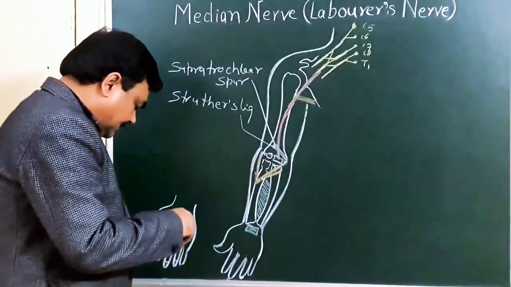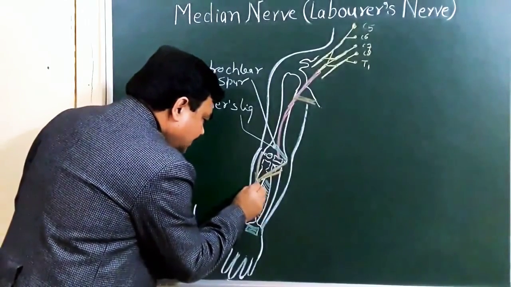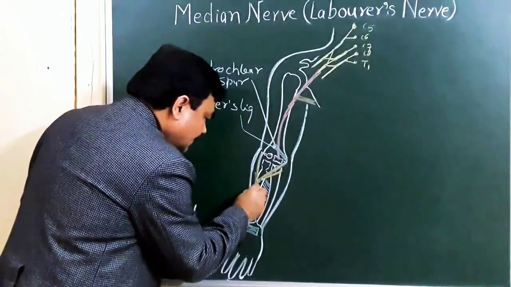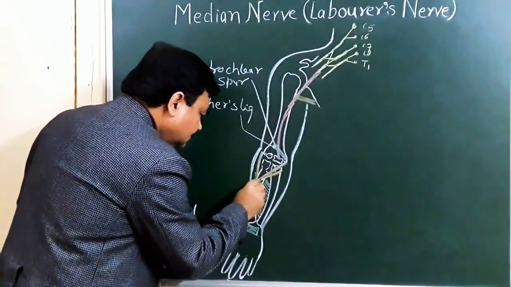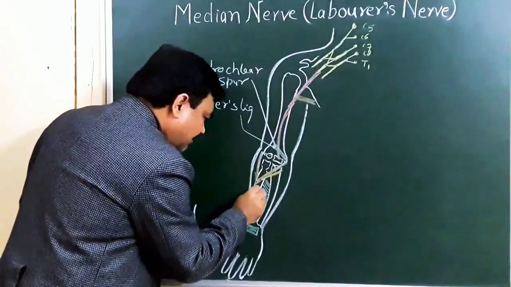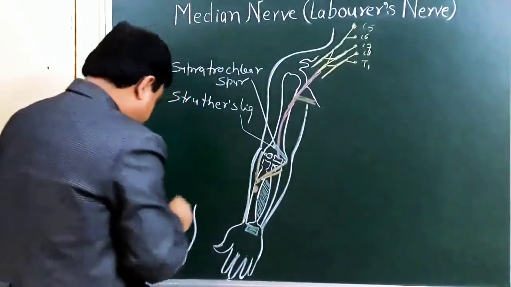Another thing, here is the position of one muscle. This is a small part of the muscle in the diagram. The whole muscle is not drawn here.